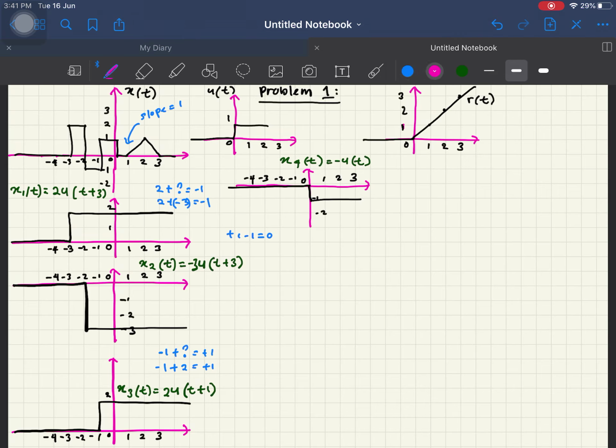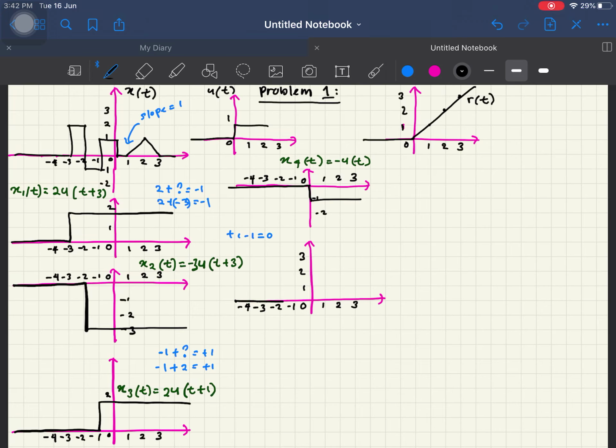Now let's draw x5. Basically, what you have here is a ramp signal that undergoes a time shift to the right of 1 second.